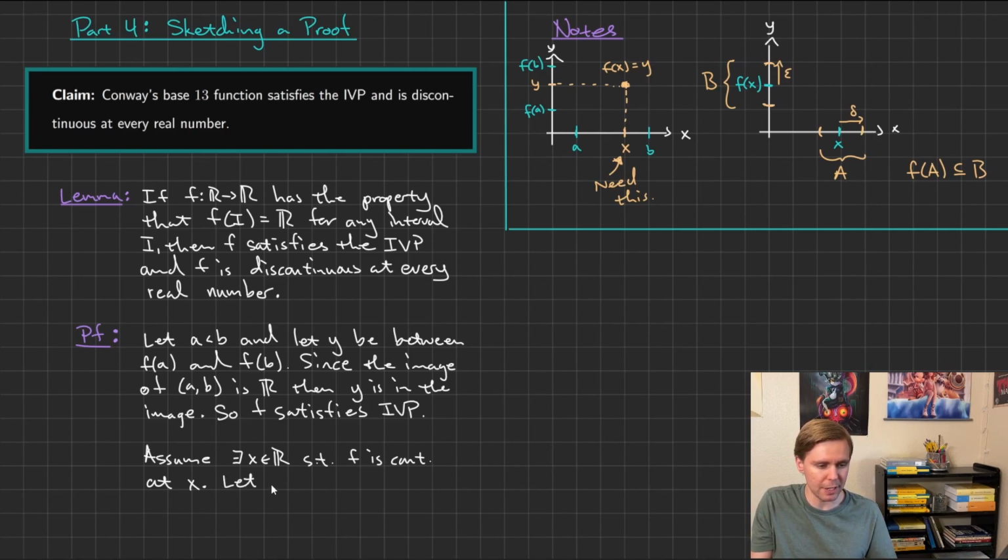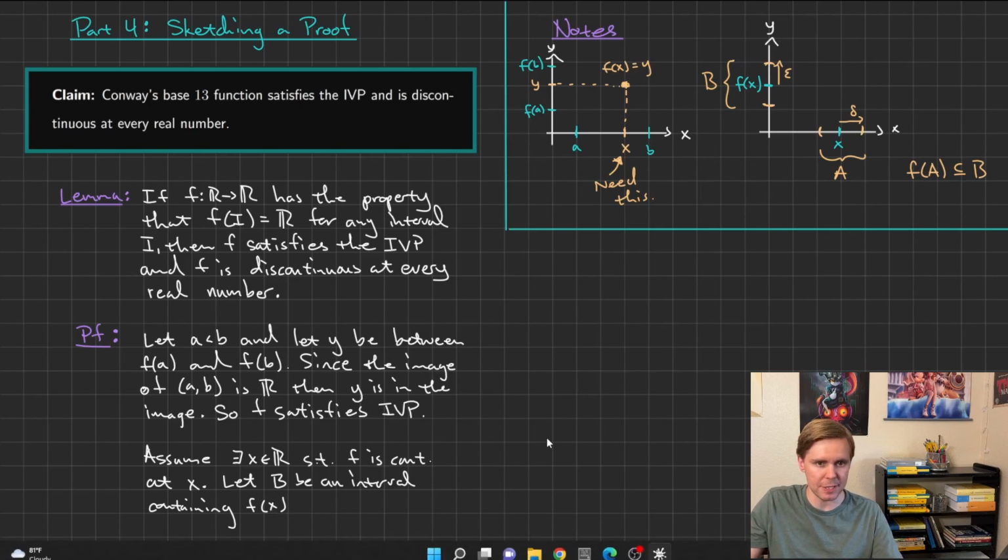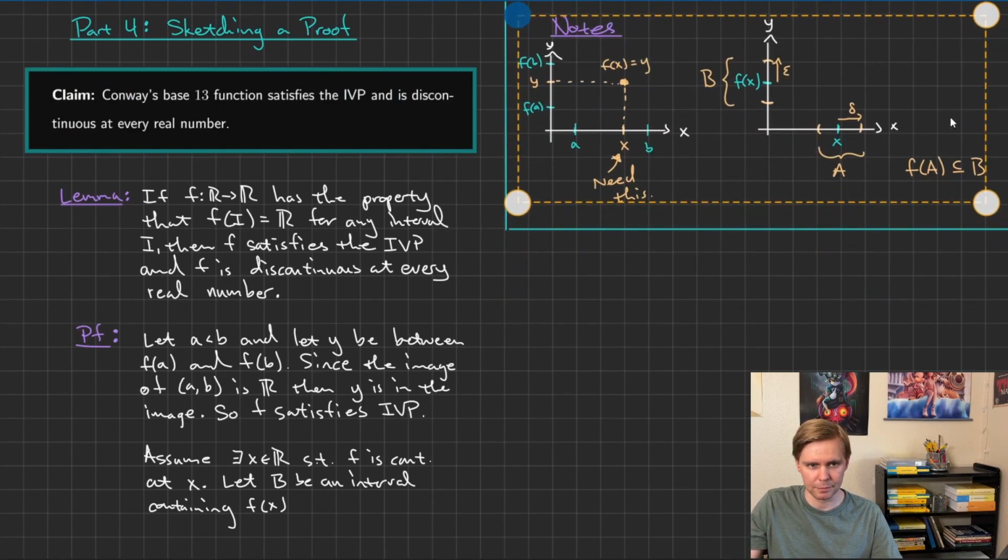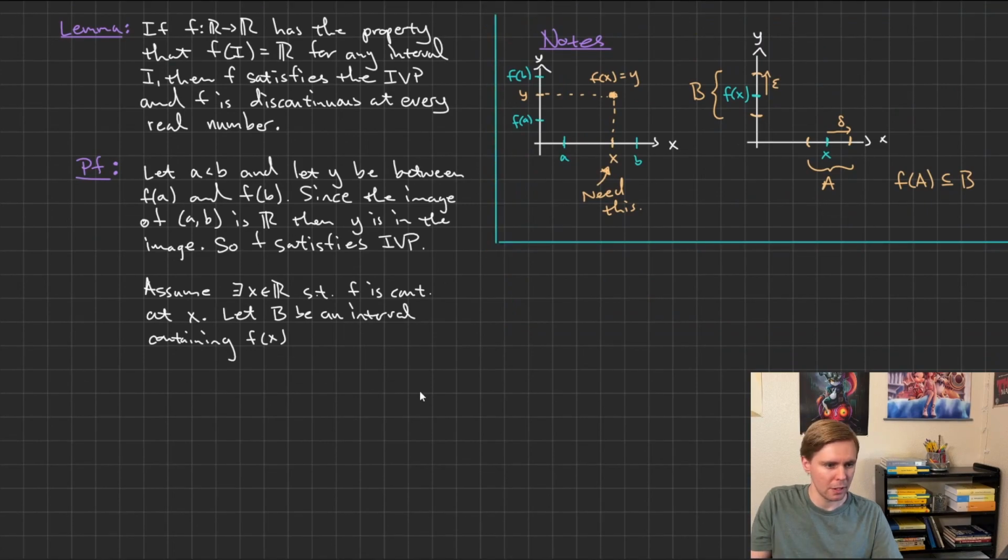We are going to let b be an interval containing f of x. I'm going to scroll down here. Okay, so let b be an interval containing f of x.